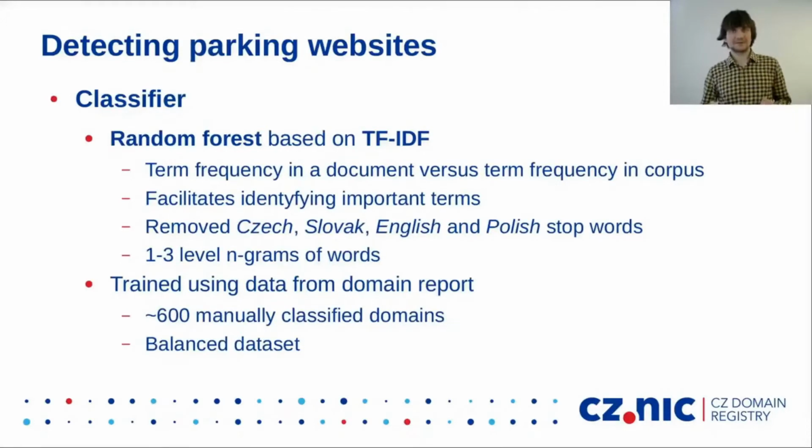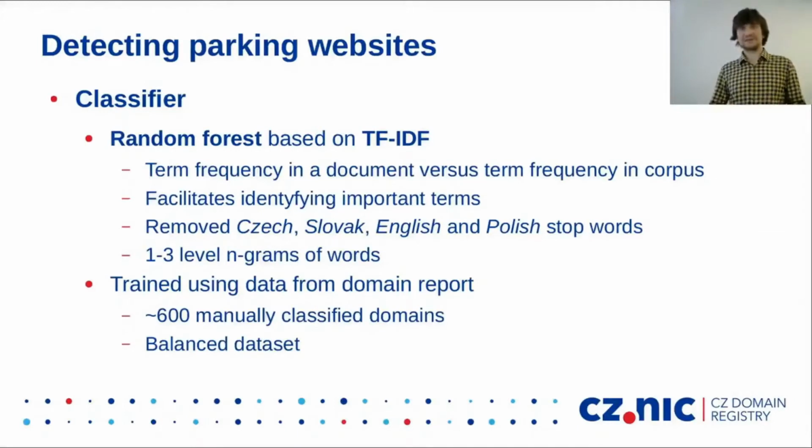And some details about the classifier design. We were basically based on so-called TF-IDF. This is an NLP concept which takes into consideration term frequencies. Basically, we compute the term frequency in a document and the frequency of such term in the corpora.